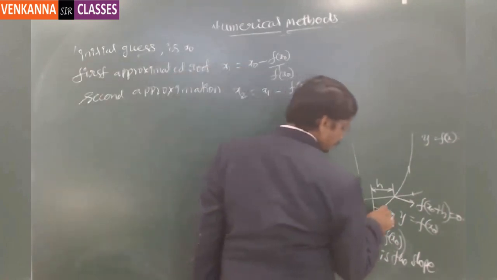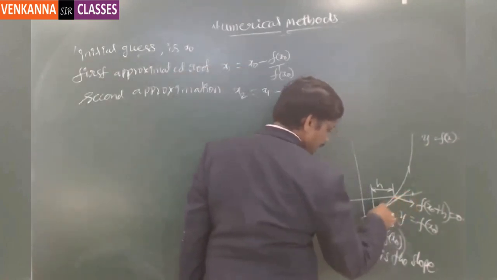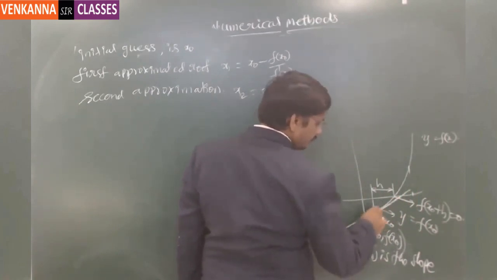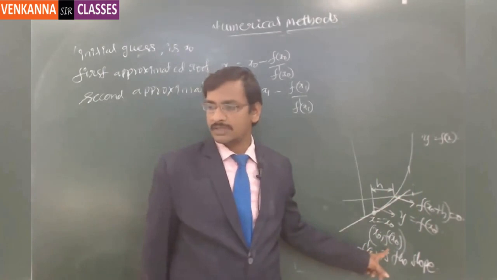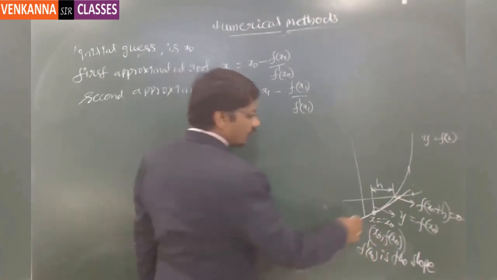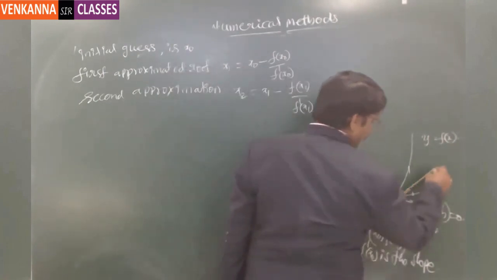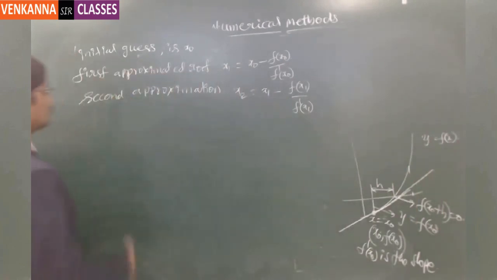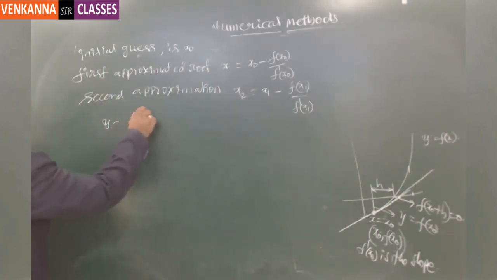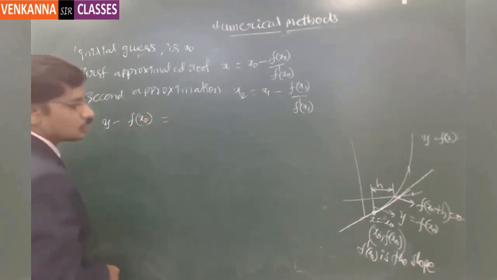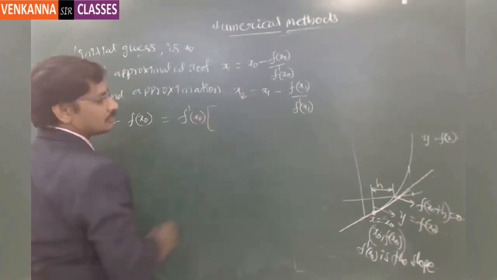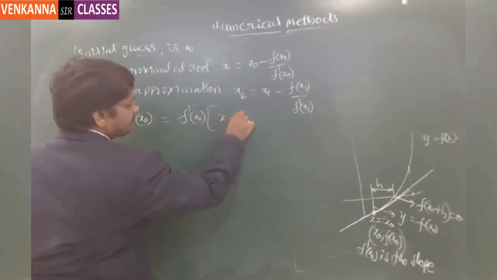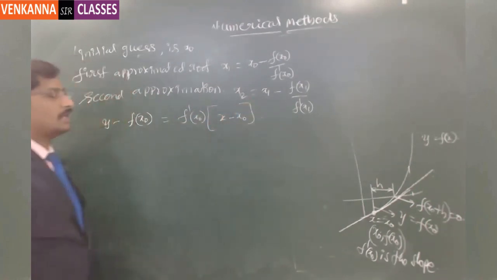So this is the tangent located at the point where x is equal to x naught and y is equal to f of x naught. Now if you try to find the equation of this tangent, it is going to be y minus y1, where y1 is f of x naught, is equal to the slope f dash of x naught into x minus x naught. So this is the equation of the tangent.